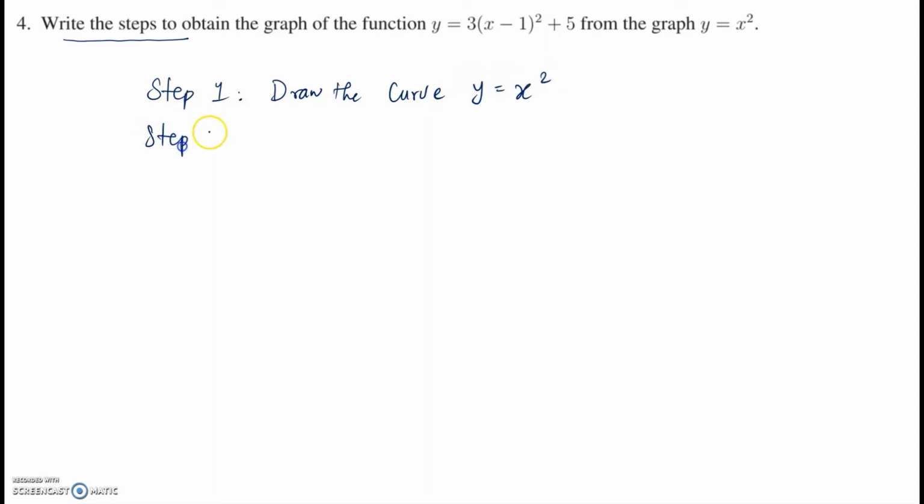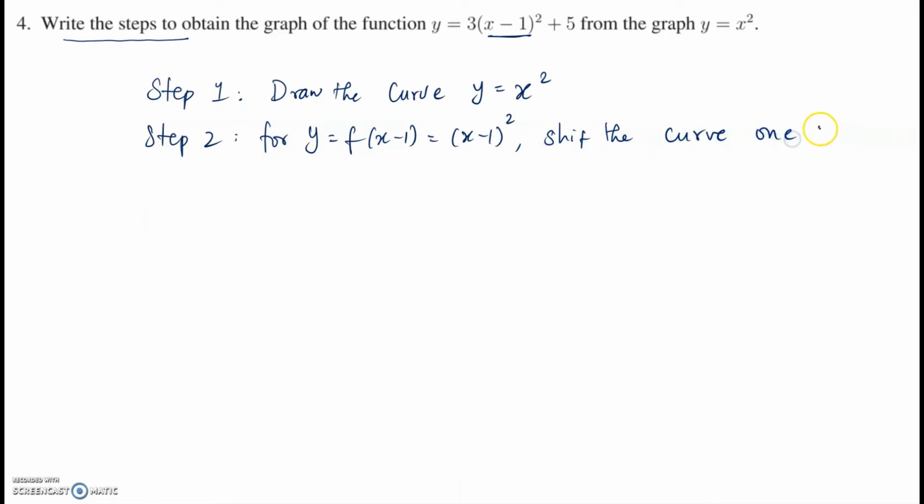Then step 2, since it's shifted by 1 unit, for y is equal to f of x minus 1, or in other words x minus 1 the whole squared, shift the curve 1 unit to the right.